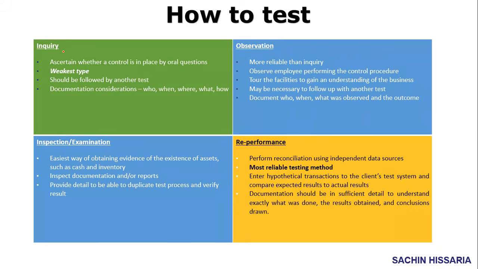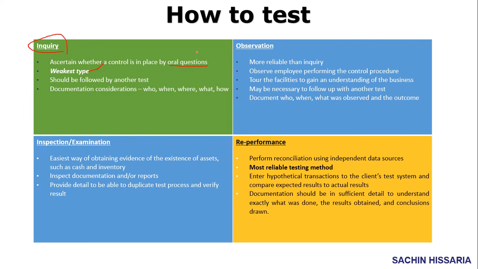So first is inquiry. In inquiry, the auditor will just inquire about the control, asking oral questions. So he will ask orally whether this control is there or not. This is the weakest type of control validation.